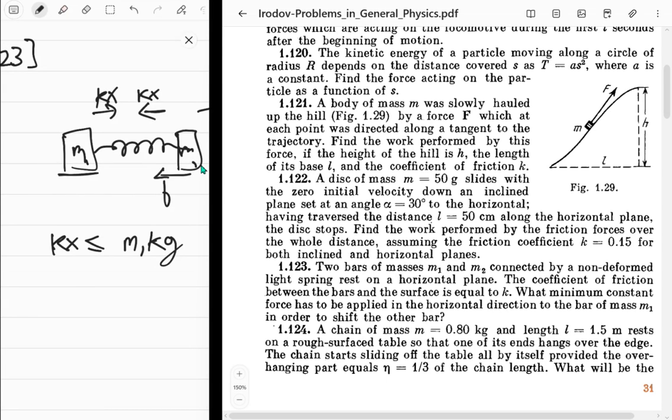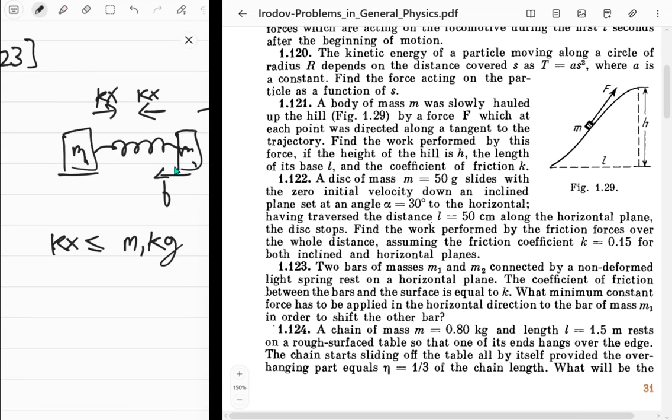It's a constant force. Wait, if it's a constant force, then while this thing is moving, it will put some energy in there, right? Some kind of energy. That's not good. We want the minimum, right? So that this will happen.